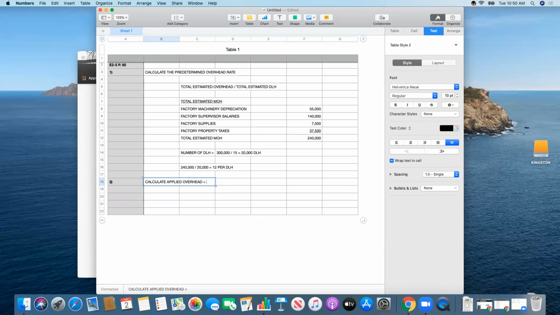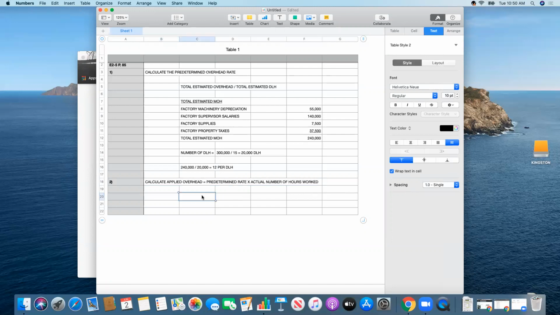To do that, we take the predetermined rate and multiply it by the actual number of hours worked.